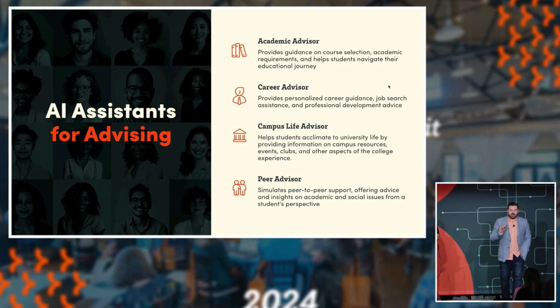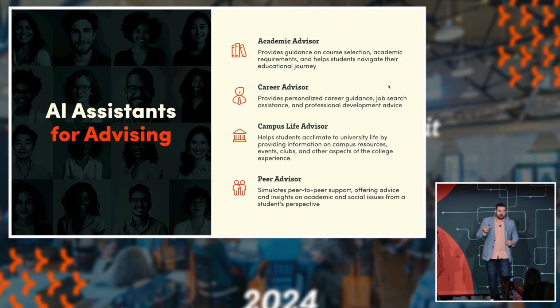So academic advisor, which provides the guidance, course selection, the requirements based on that course catalog. So it's basically tuned in the instructions, and the job description of that is to be helpful in the academic component. Career advisor, all about careers, outcomes, like what's next, the coaching component.